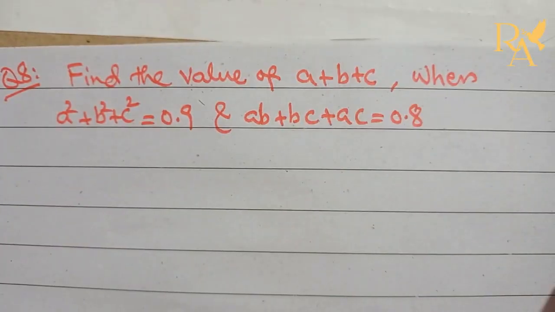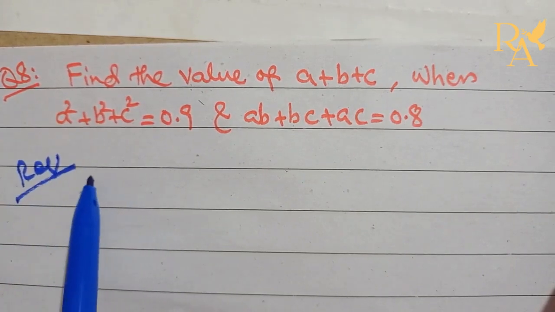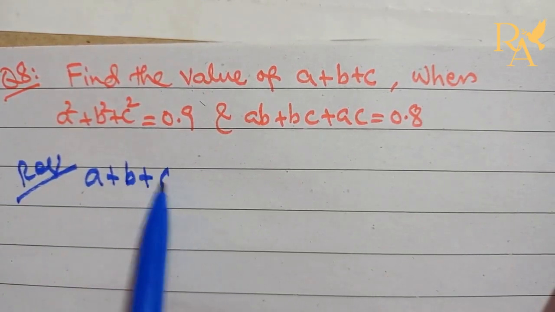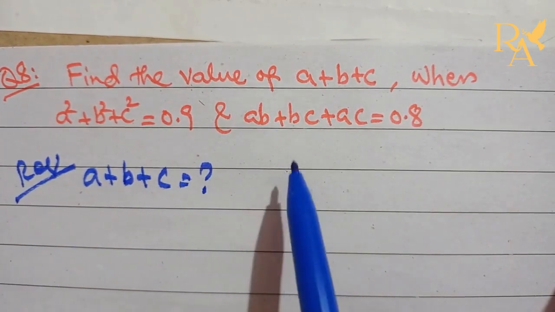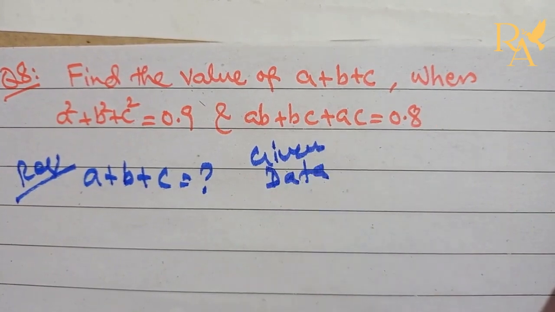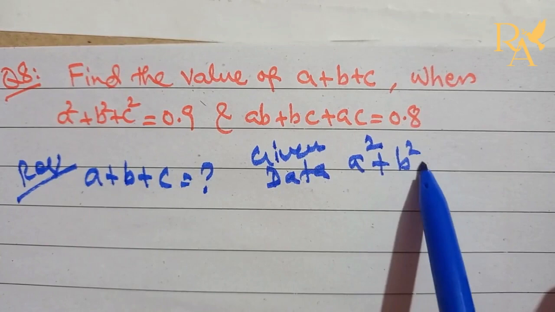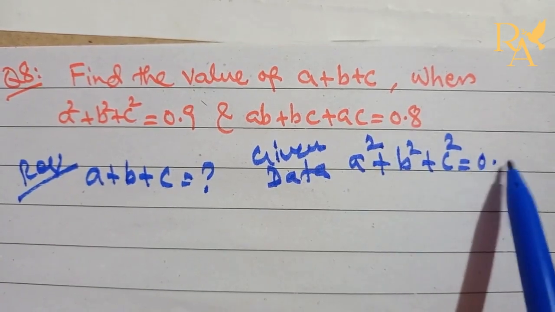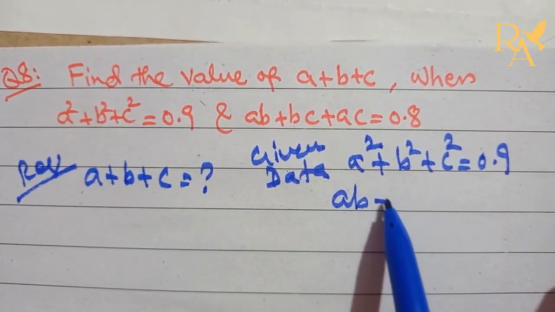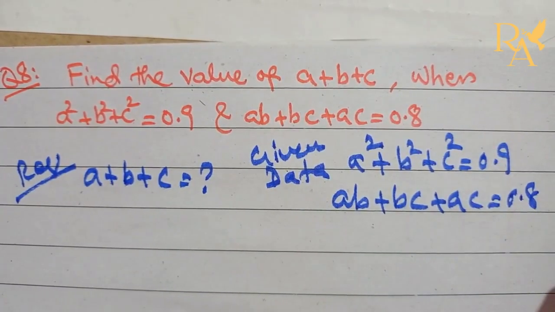Now question number 8 of exercise 3.2 is very simple and very easy. Now what is required? A plus B plus C is required. What is the given data? A square plus B square plus C square is equal to 0.9, and AB plus BC plus AC is equal to 0.8.